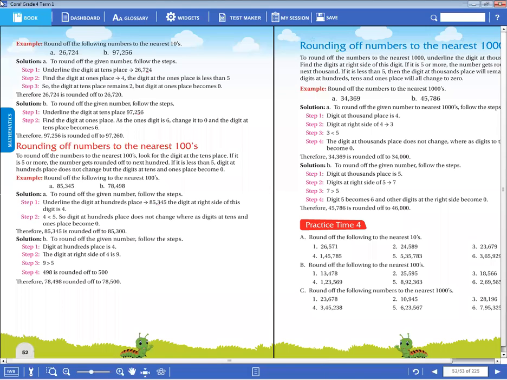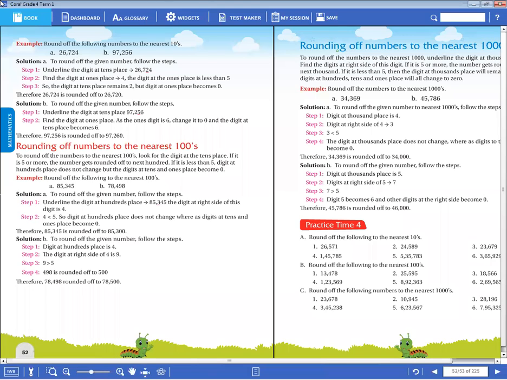5,35,783. Note down. 5,35,783. What is the nearest tens here? Very good, because here in the ones place they have given 3. 3 is less than 5.